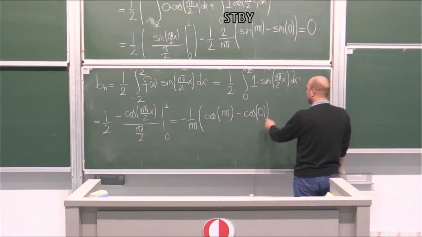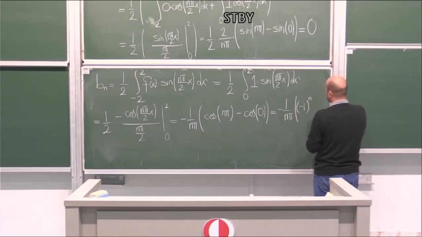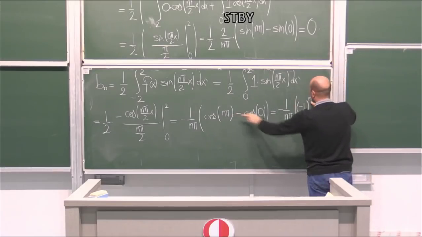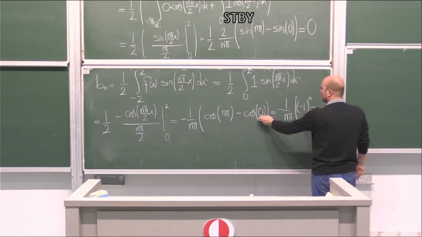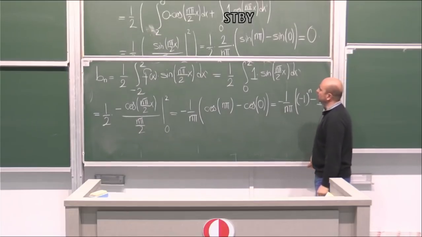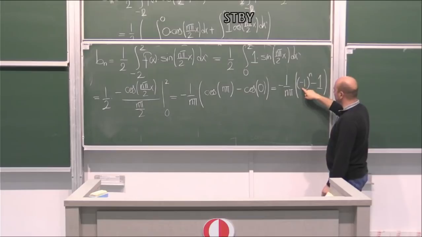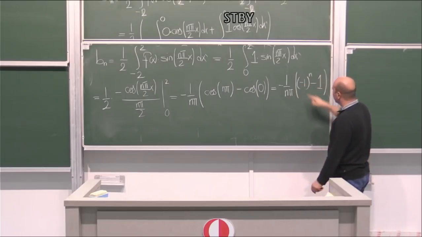So I can write this as minus 1 to the n, because when n is odd, it's minus 1, and when n is even, it's plus 1, minus cosine 0, which is always 1. So what do we get from this? When this is 1, 1 minus 1 is 0. When this is minus 1, we get minus 2. So for the even terms, we get 0. For the odd ones, we get negative 2, and since there's another negative here, we get 2.